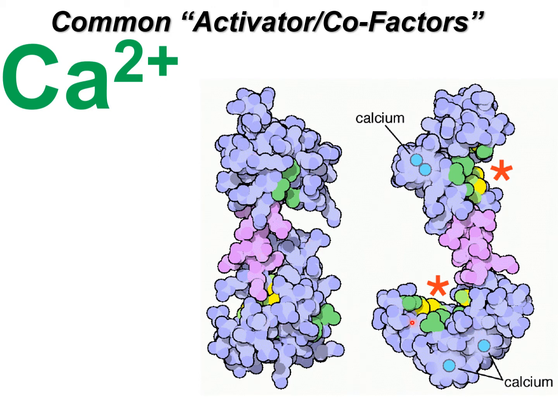It has significantly changed the shape of the protein, and now we have these binding sites that are now available. And so the protein can now bind and interact with whatever its substrate is. So that's an example of where calcium is bound, and it's sort of like unrolling the red carpet for the substrates to come in and bind.